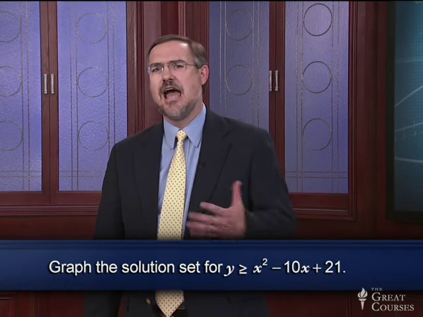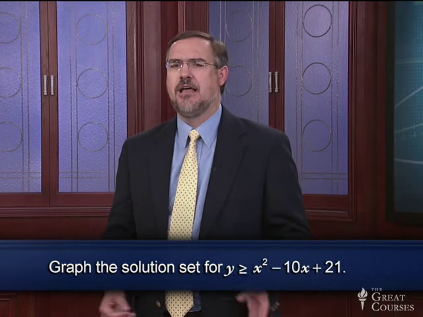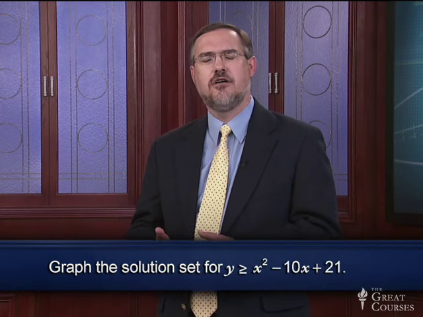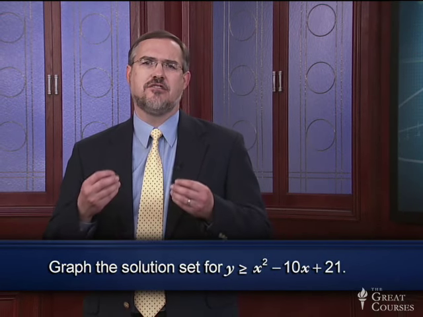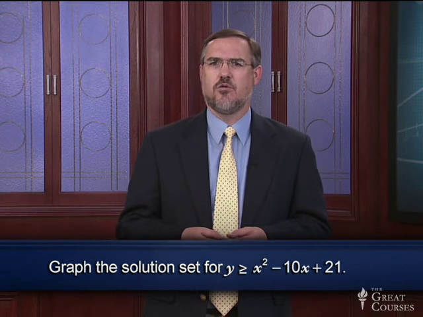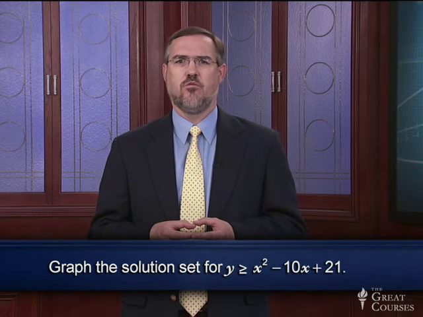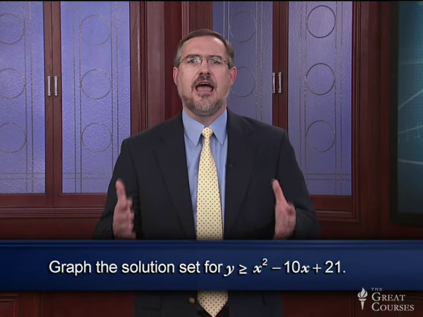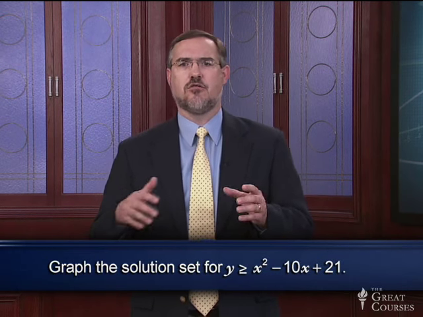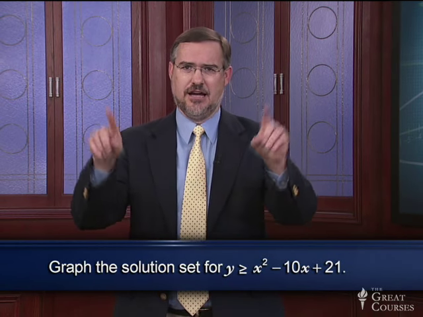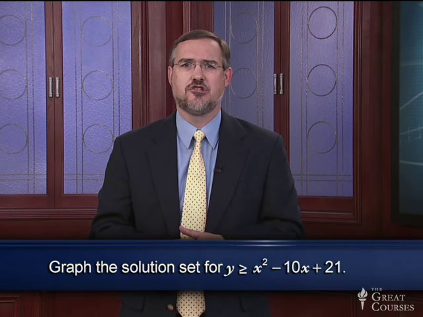Okay, now I've drawn in the boundary, and now I just want to shade in the part of the xy plane that satisfies y is greater than or equal to x squared minus 10x plus 21. Well, those are going to be a set of points in the plane, and all of those points that are on the parabola are the ones where y is equal to x squared minus 10x plus 21.